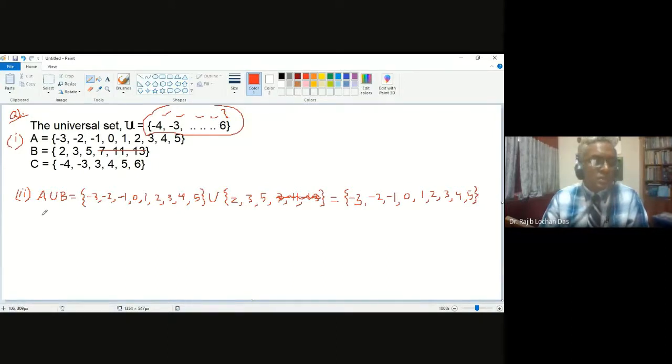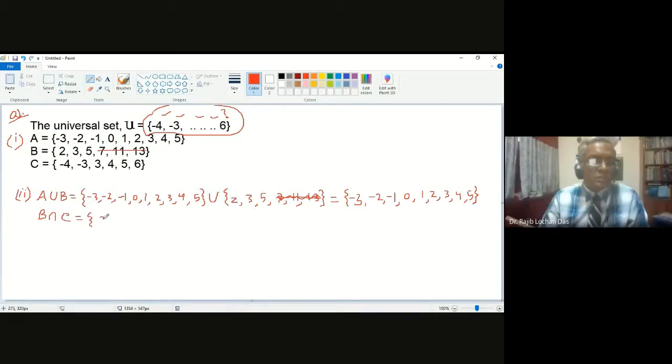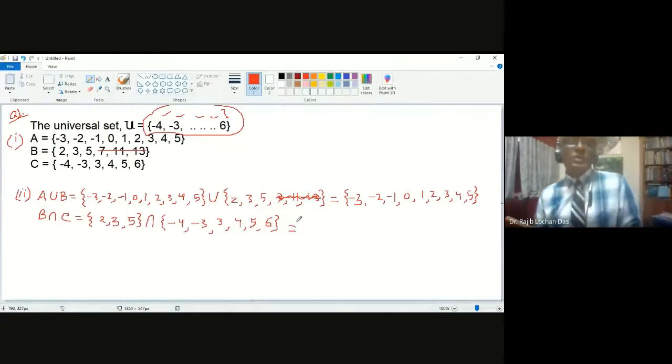Now you go to the second part of the question, B intersection C. So again you write B is 2, 3, 5, and C is -4, -3, 3, 4, 5, 6. What will be B intersection C? Only 3, 5, correct. You take only the common elements, and that's it.